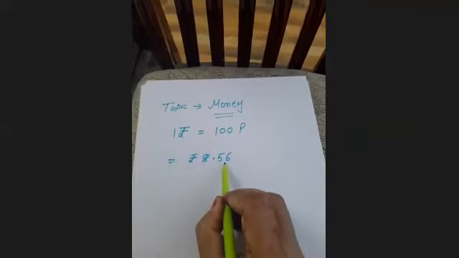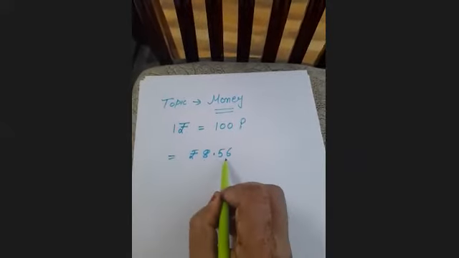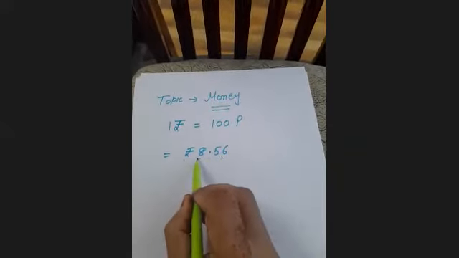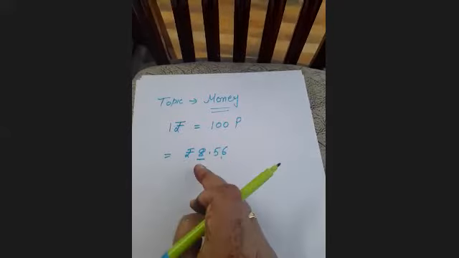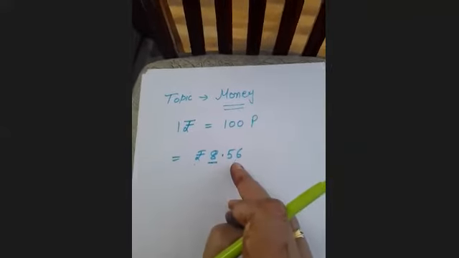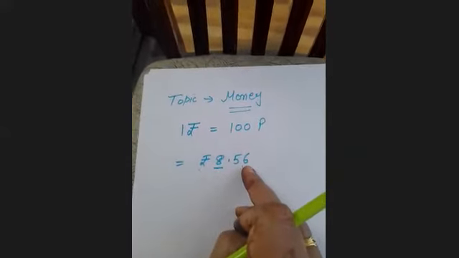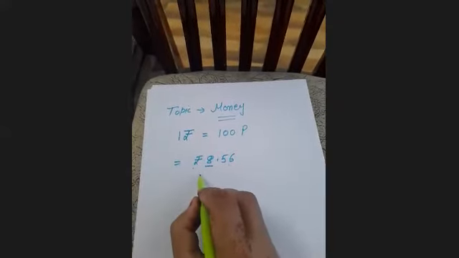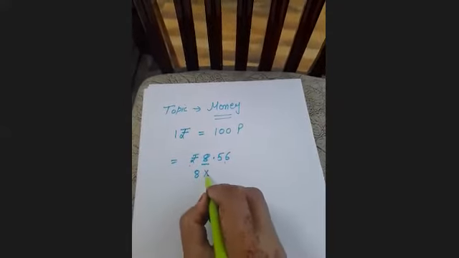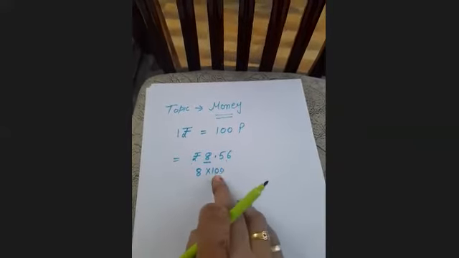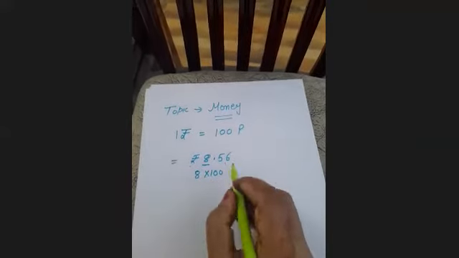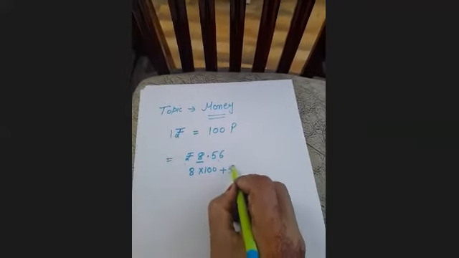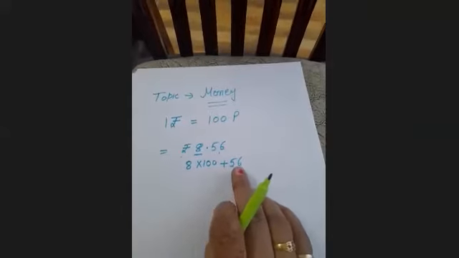To convert this amount into paise, first we will convert 8 rupees into paise, then we will add 56 as it is. Clear, students? So how can we convert? 8 multiplied by 100, because in 1 rupee we have 100 paise. Then add 56 as it is because this amount is already in paise.